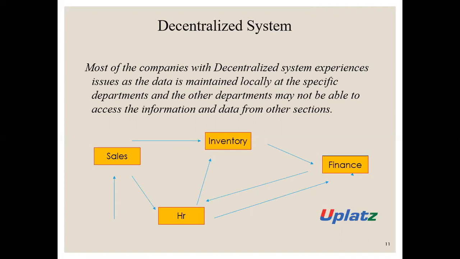Like in our example, the sales team will have to link with the inventory, finance and HR teams. HR will again have to link with finance, inventory or sales, because there is no specific department holding the information and no proper centralized system. In this way, they have numerous chances of losing the sale.